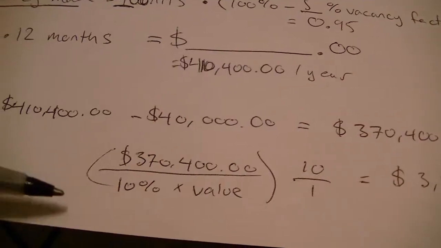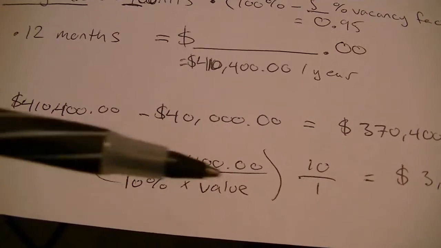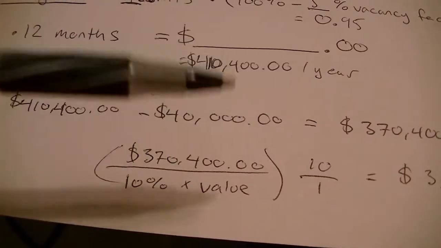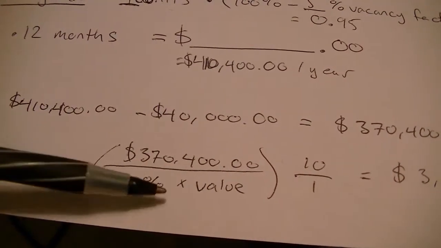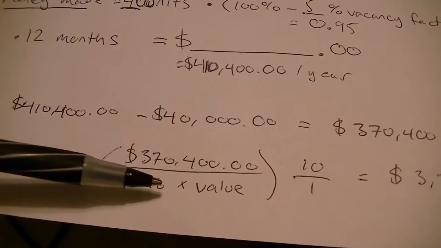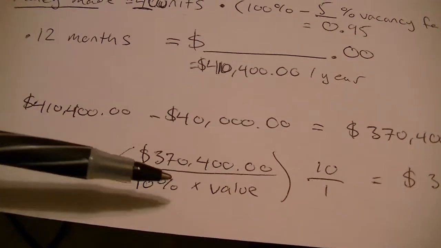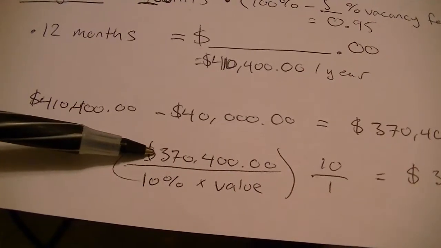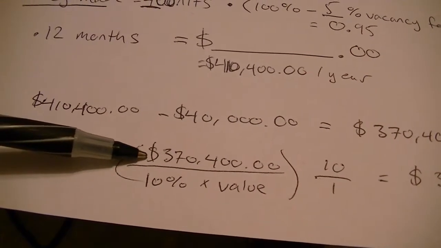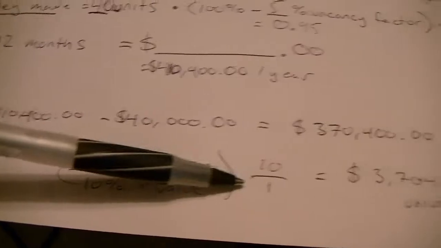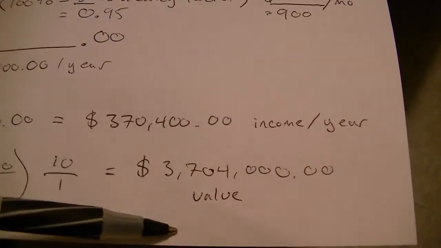That's how you get rid of the 10%, so you end up with just the value. So this number, your income, times 10 equals your value.